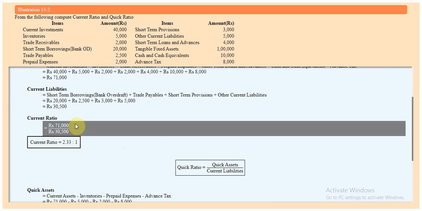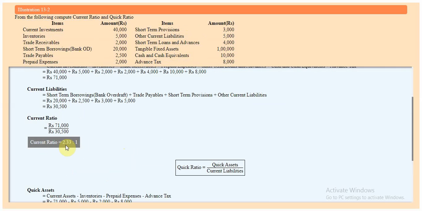So we know current assets and we also know current liabilities. With that we can find the current ratio, which is 2.33:1. So one of the questions is solved. We have the answer for current ratio. This is a fairly good ratio because it is close to the ideal ratio, which is 2:1.